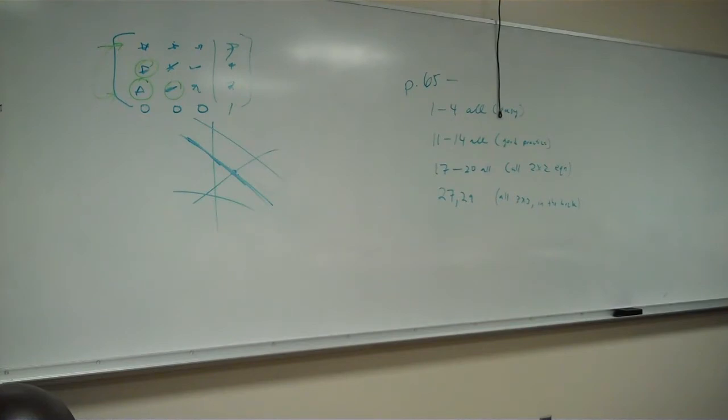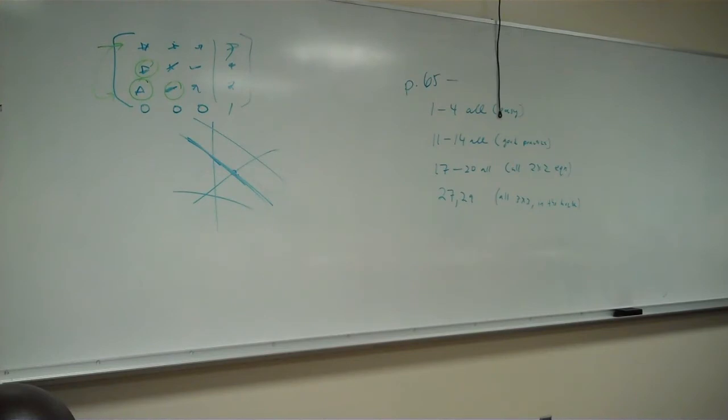Which ones do I like over here? I think. Let me look real quick here. Do you guys like problems that involve money? Do you like problems that involve science?